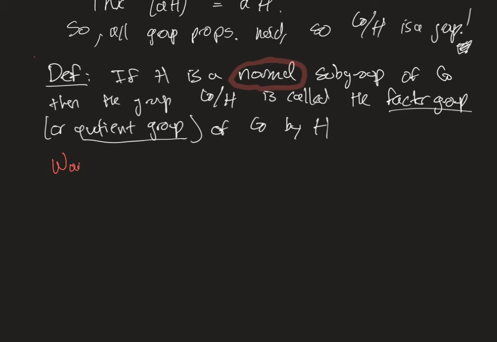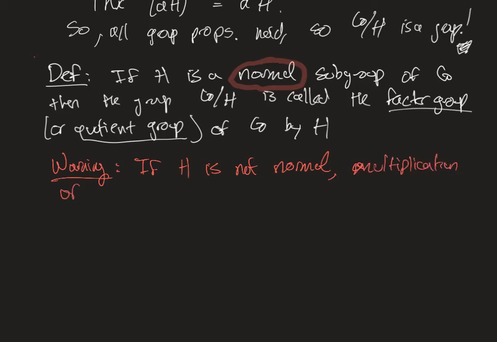So warning: if H is not normal, multiplication of cosets is not well defined. So G mod H is not a group. So normality is a big part of what we're doing here.